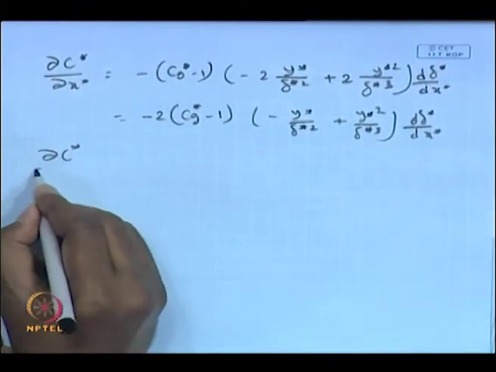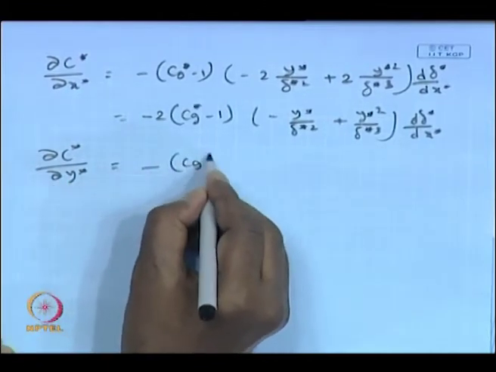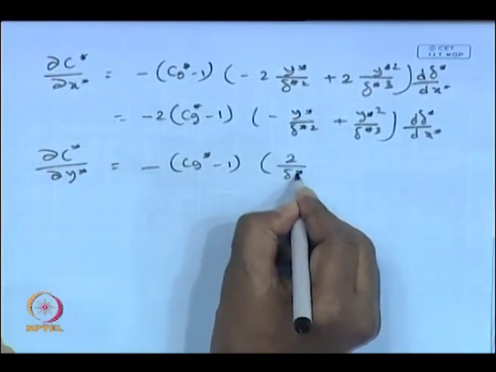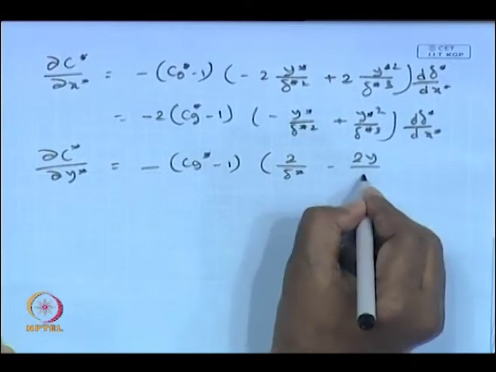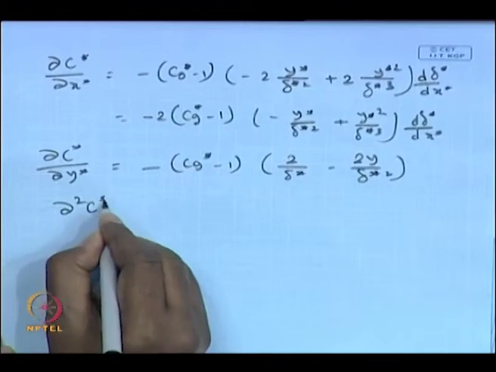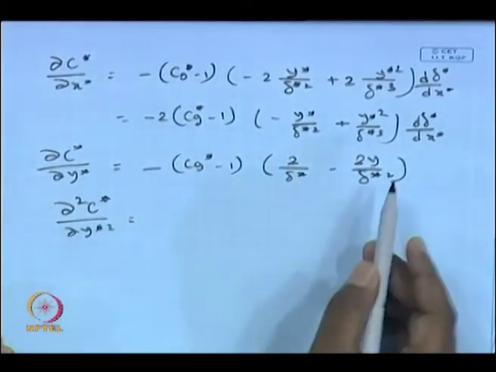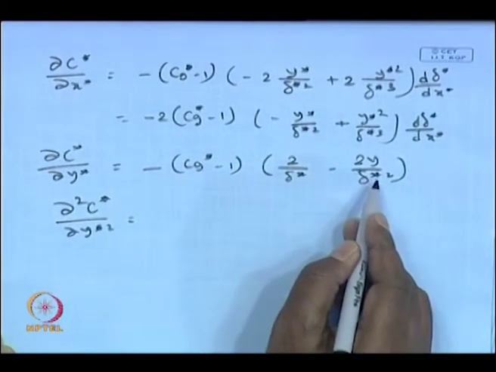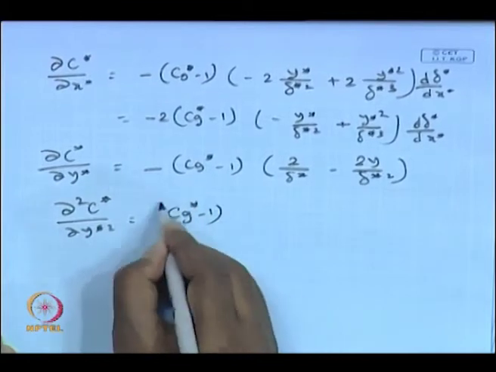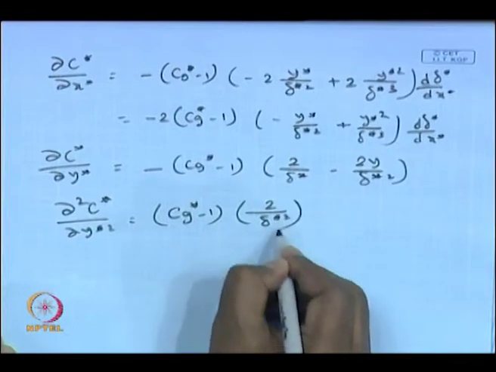Del C star del y star becomes Cg star minus 1 times 2 by delta star minus 2 y by delta star square. And del square C star del y star square will be one more derivative of this equation, so only this term will be there. So, minus minus plus, it will be Cg star minus 1 times 2 by delta star square.